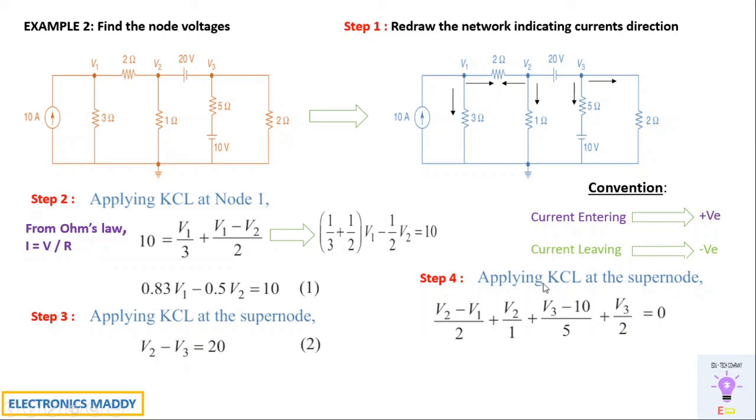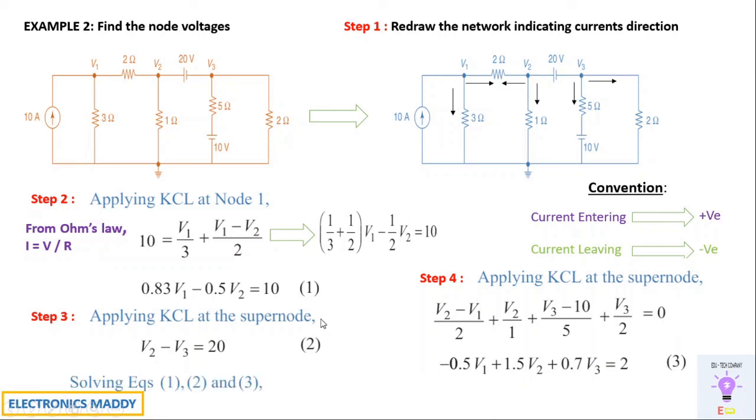All of these are supposed to be written with minus signs and equated to 0. However, minus can be taken common and it will get cancelled out. That's why I've skipped one step and directly shown that. Otherwise, you can write it this way as well. That's not an issue. Once this is done, we can further simplify these equations and you'll be getting it in this form. This is equation 3.